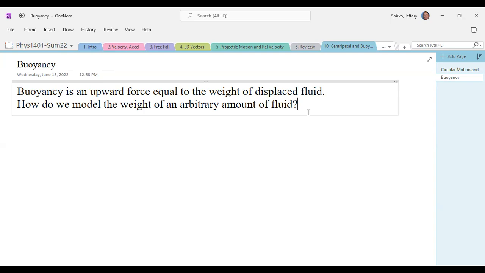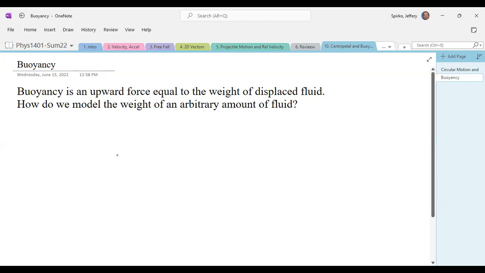And the answer is that we need to find the mass of the displaced fluid and then multiply it by g. But then how do you know the mass of the fluid? Well, there's a nice quantity that relates to fluids called density.